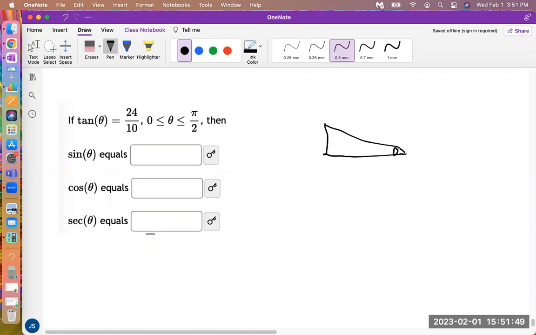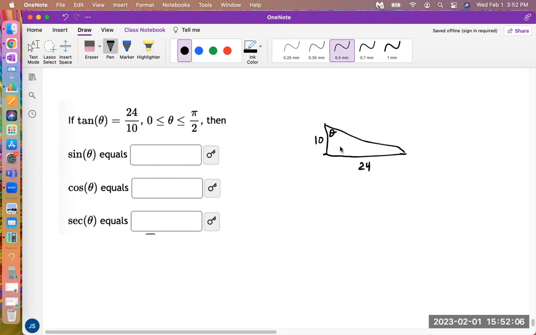We can call this angle theta, and then this side my 24 side, and that side my 10 side. Oh, wait. No, then that would be theta because the opposite is 24. Okay. So our triangle might look like this.